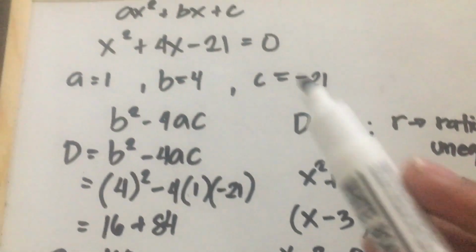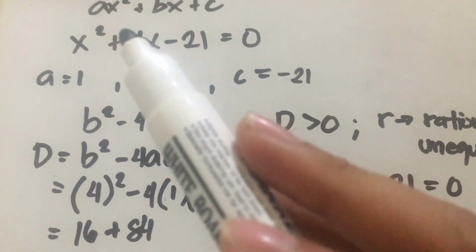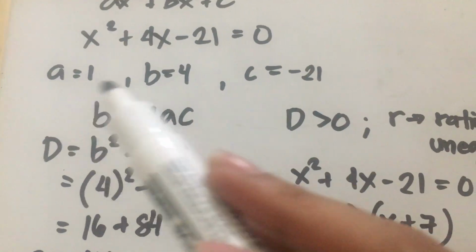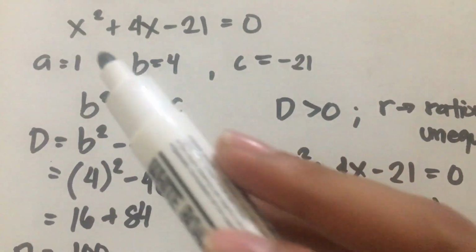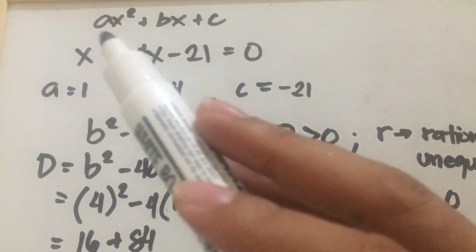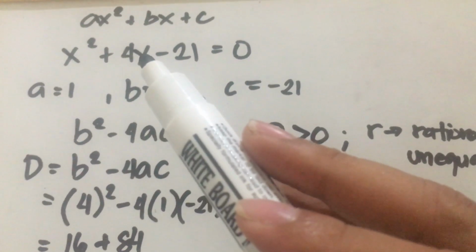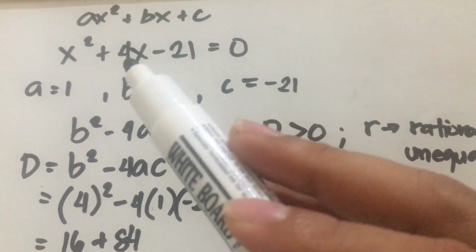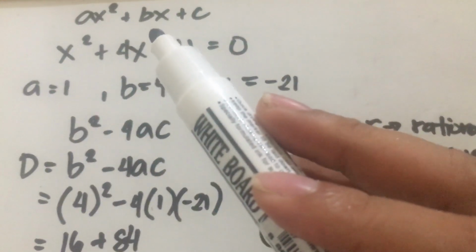So from your x squared plus 4x minus 21, again, I will repeat, the first step is to look for the values of your A, B, and C. So now, the value of your A is from the variable of x squared. So that's why you have 1, imaginary 1. For your x or for your B, look for a variable wherein usa lang yang exponent or 1 yang exponent.